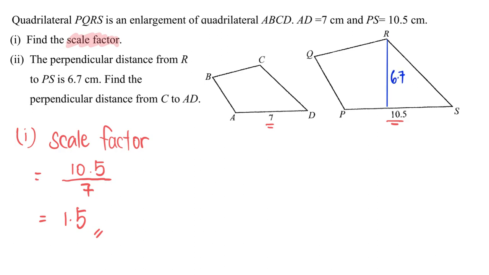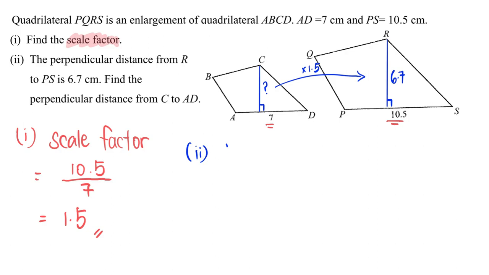So now they are asking, what is the perpendicular distance from C to AD? Okay. And because I know that these are similar figures, I now know that this question mark, if I multiply by 1.5 times, I will get 6.7, yes? So let's call this part 2.